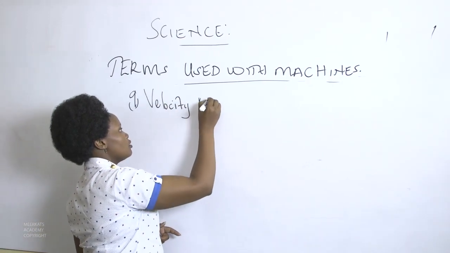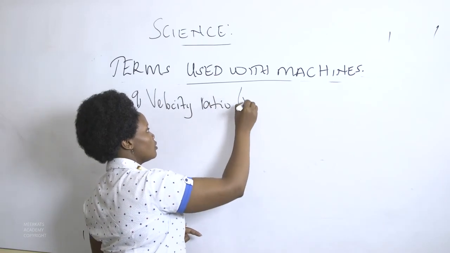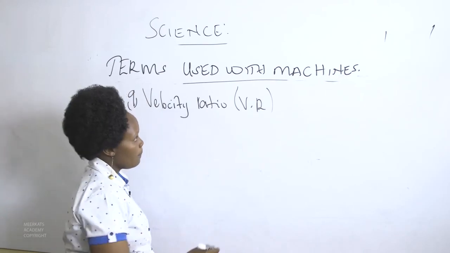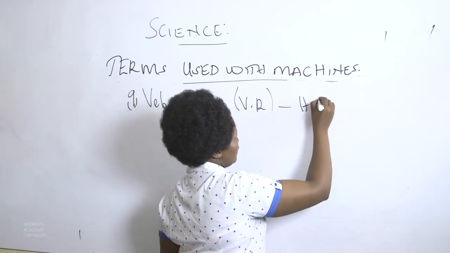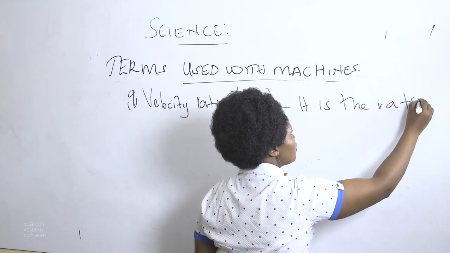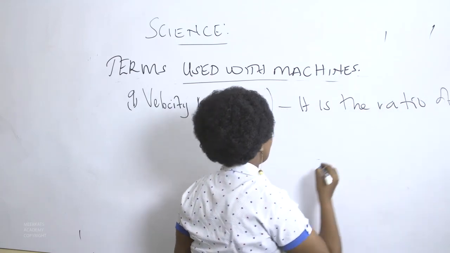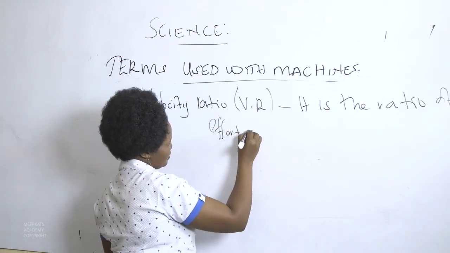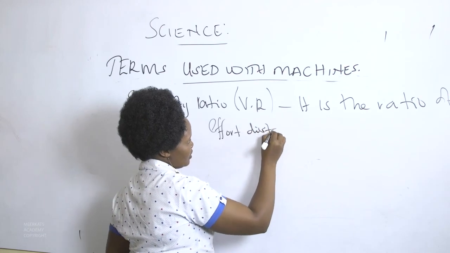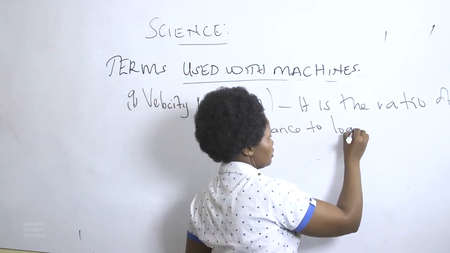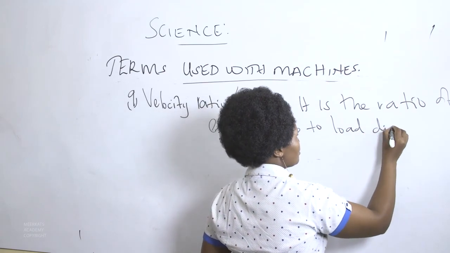The velocity ratio, and velocity ratio is the ratio of effort distance to load distance.